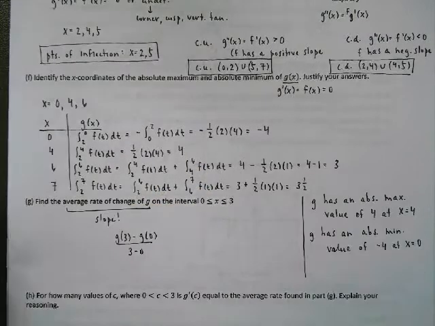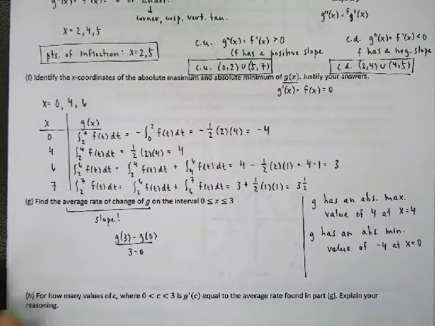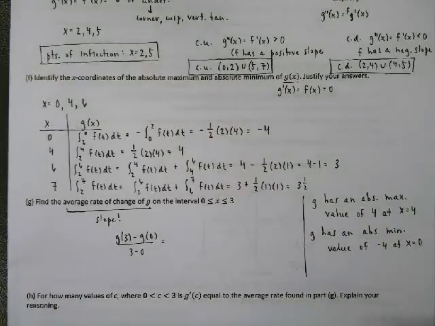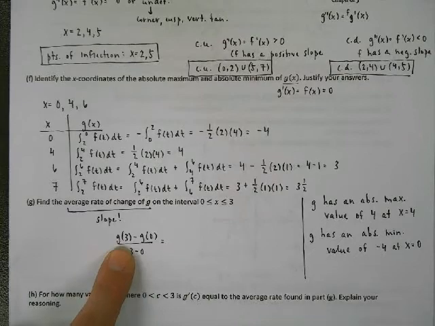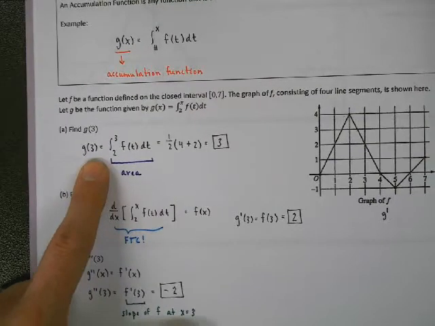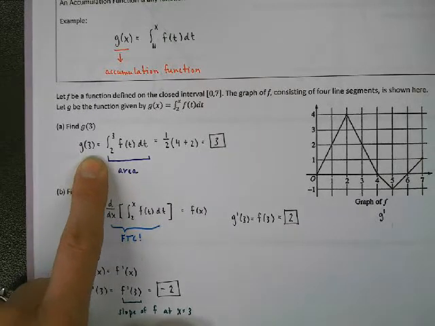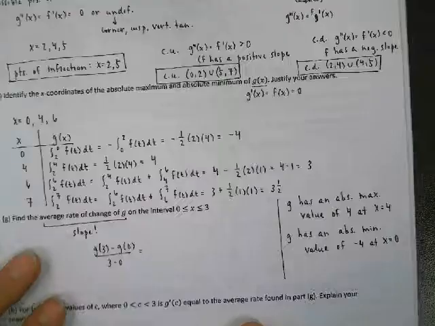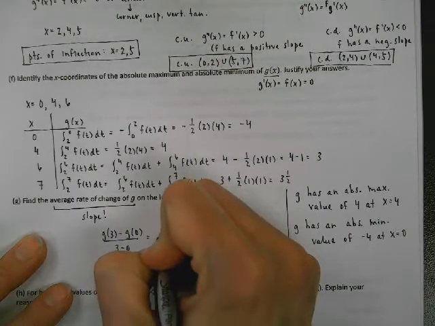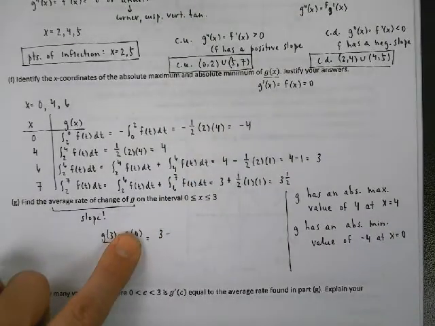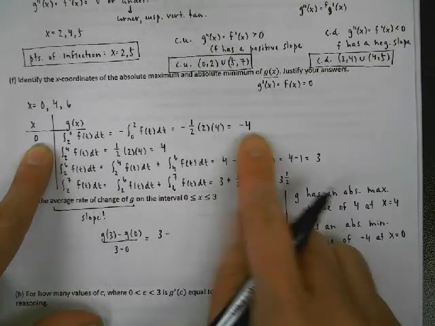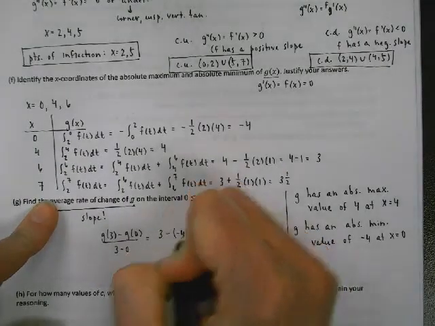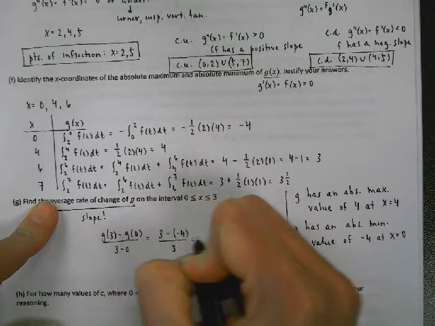So let's see what we have to help us out here. G of 3 we actually found, if I flip back here, on the prior page. So G of 3 I know is 3. I'm not going to recreate that math. G of 0 we actually did in this problem. So G of 0 we found was -4, over 3. So our average rate of change is 7/3.